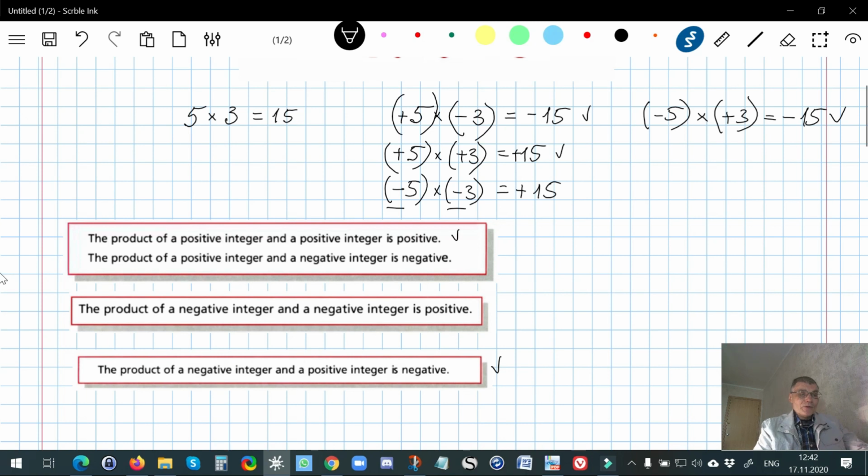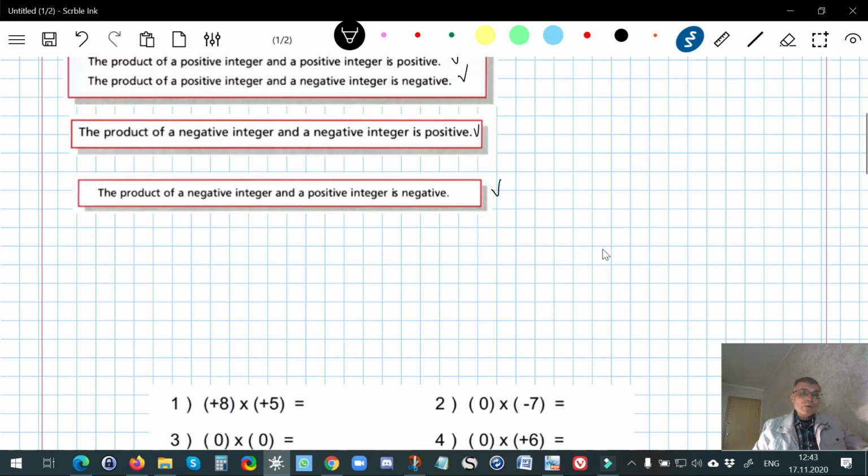And the product of a negative integer and a negative integer is positive. We can understand the signs like this.